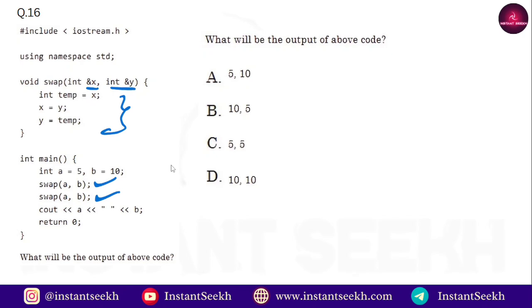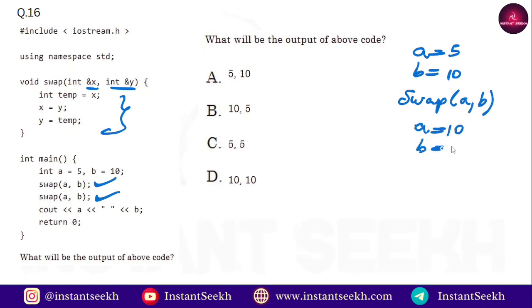Okay, so when you call your swap function for the first time, that is a comma b, then a value was 5, b value was 10. After this first swap, a becomes 10 and b becomes 5.